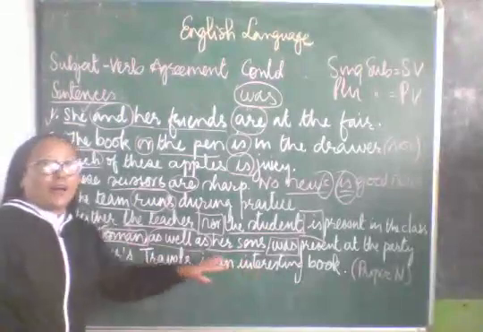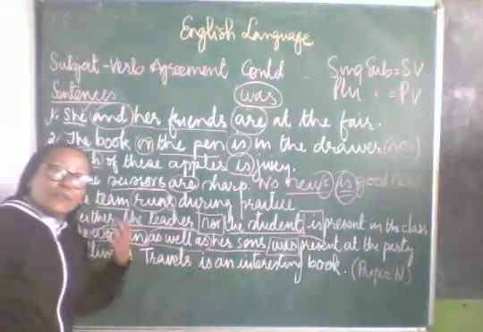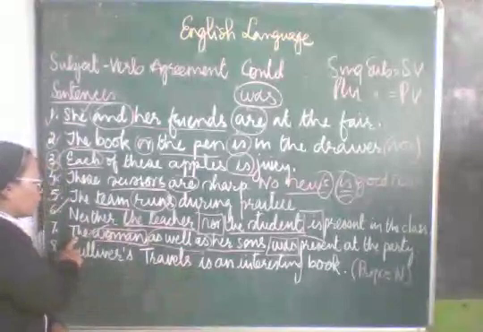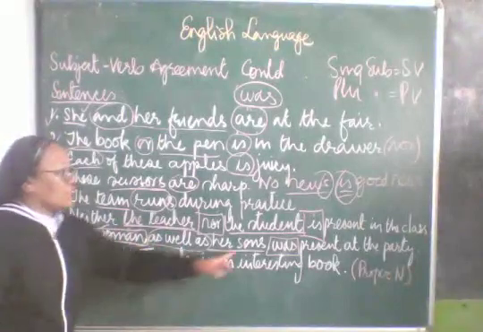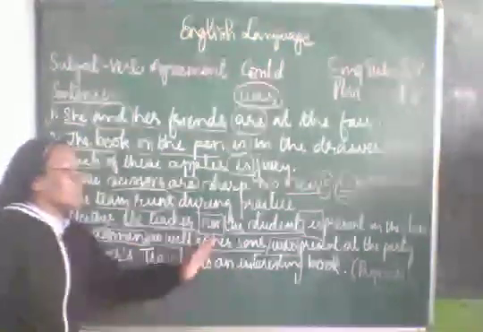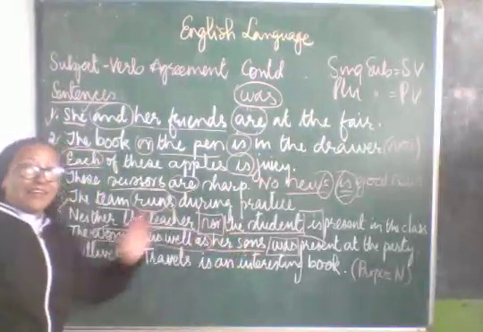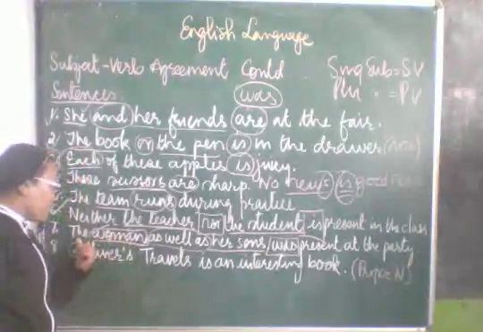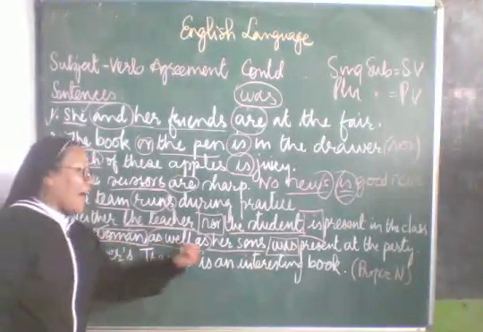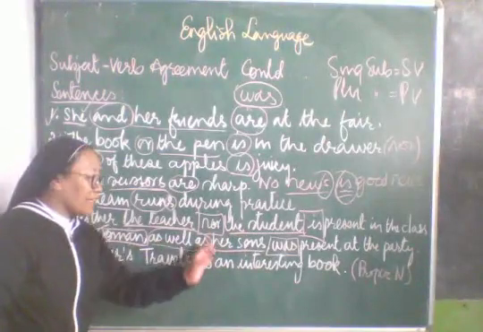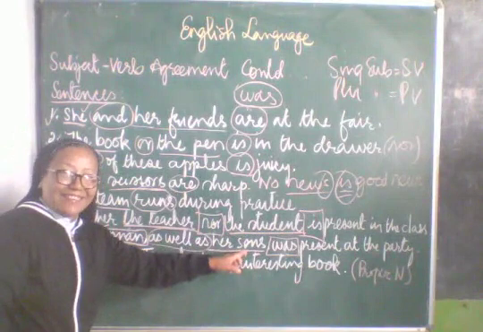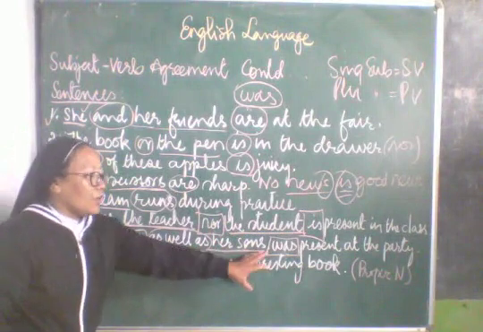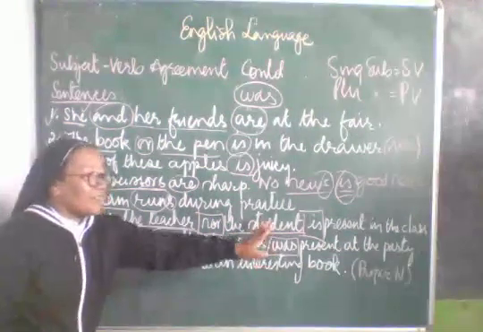If the sentence were "The sons as well as their mother were present at the party," my verb would have been plural.